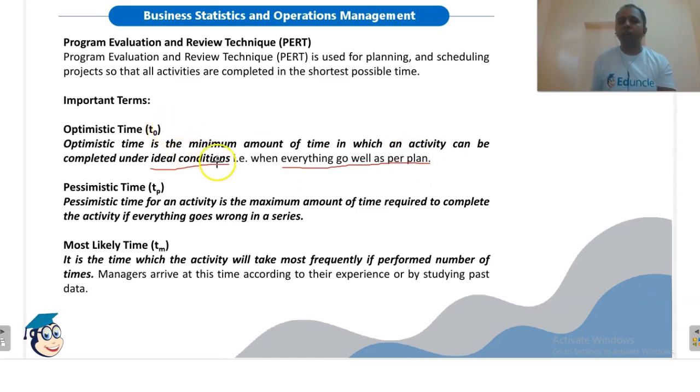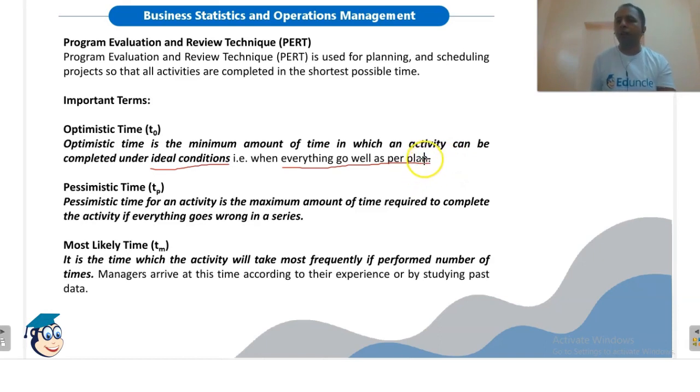So for example, say you are manufacturing some goods. If everything goes as per the plan, this means if the workers come on time, if there is no power cut, if there are no shortages of raw material, if there is no breakdown in the machinery, and the work starts on time, then the amount of time that you will take to manufacture the given quantity of goods will be the optimistic time.